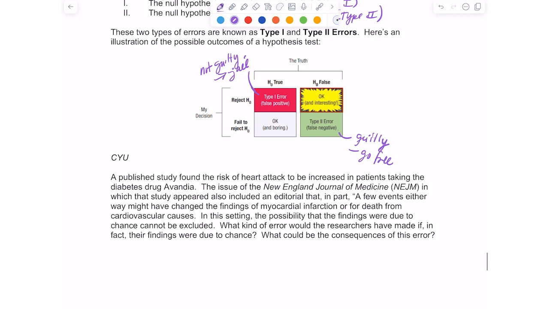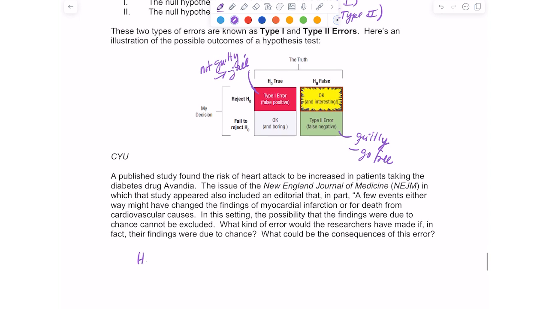Okay, so the first thing we need to do is figure out the null and the alternative. So if you think in terms of this diabetes drug, the null would say that the risk of taking it does not change. And the alternative would say that it does change.